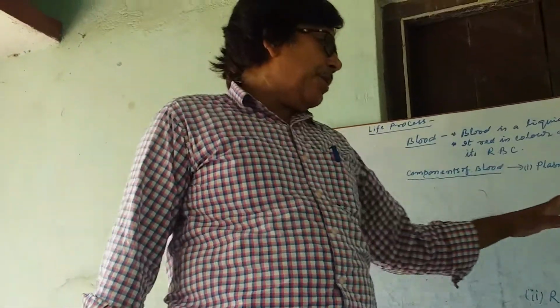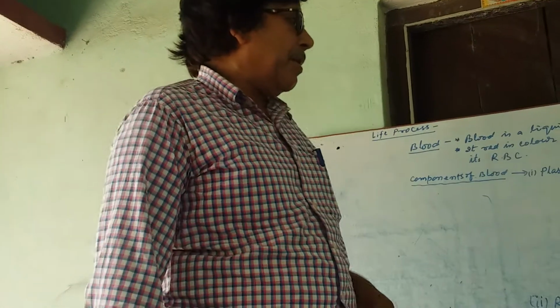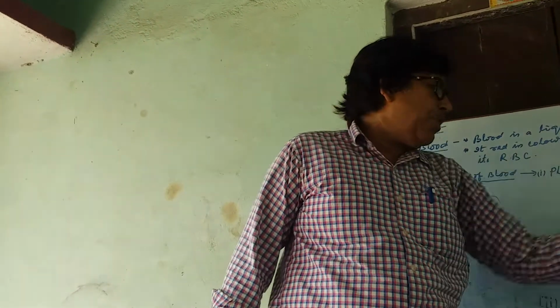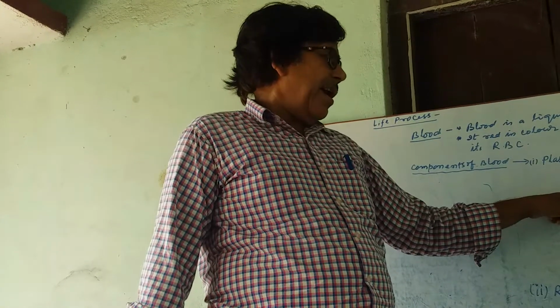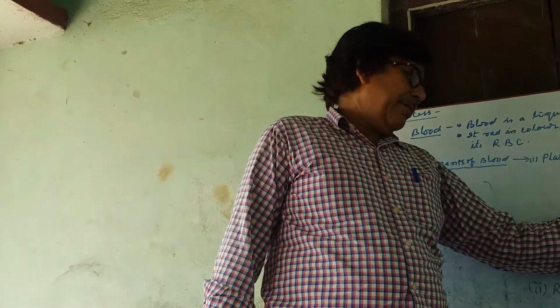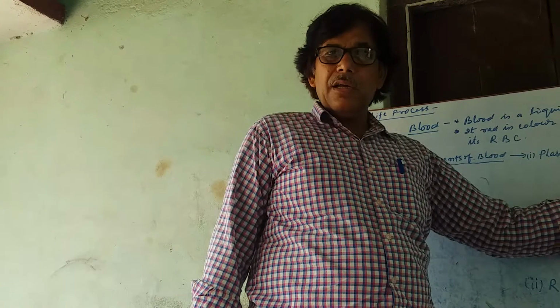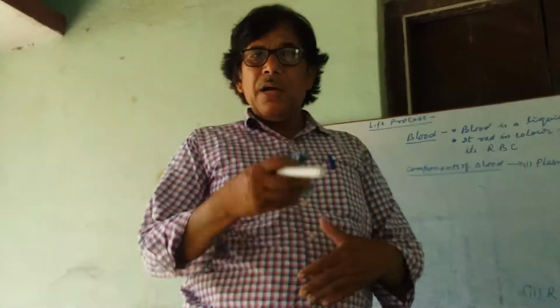Next, it also contains protein, digested food that is glucose, waste like sodium chloride that is common salt, and urea, which is produced during the digestion of protein.